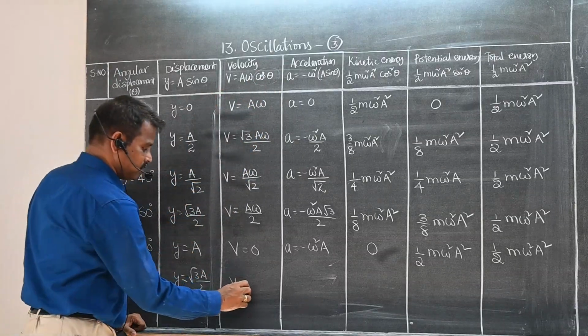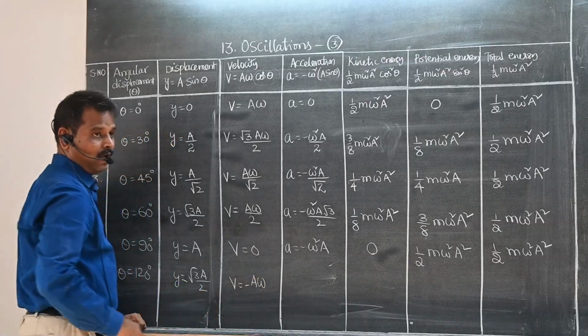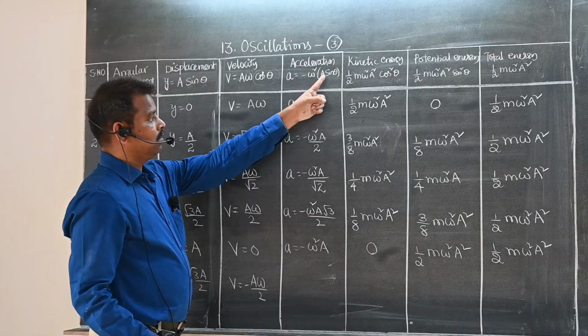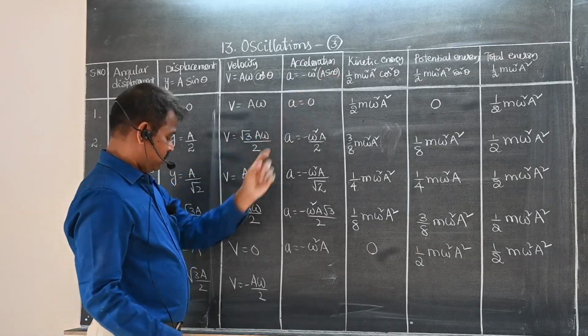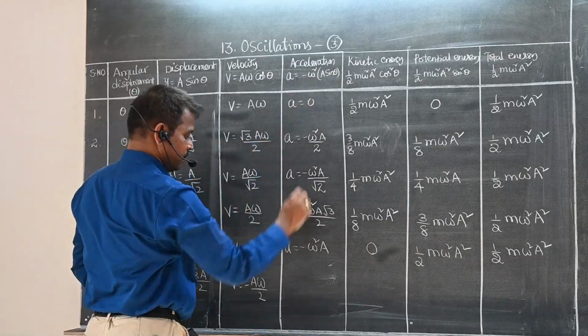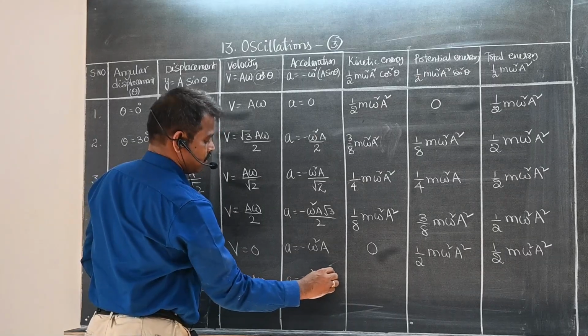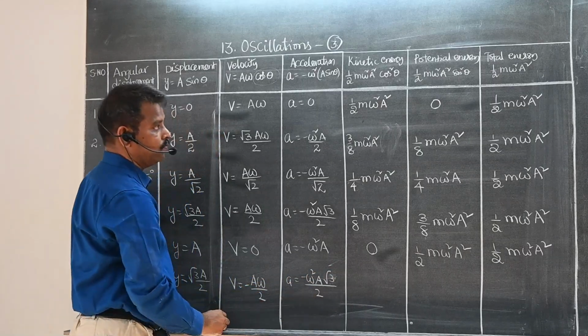This will become minus A omega by 2. Then sin 120 is root 3 by 2, so acceleration a is equal to minus omega square A root 3 by 2.